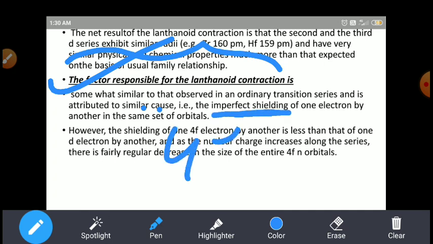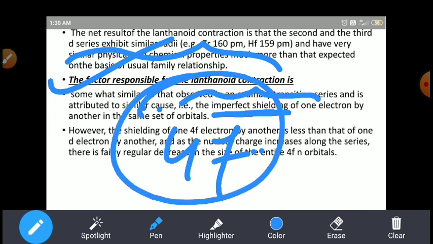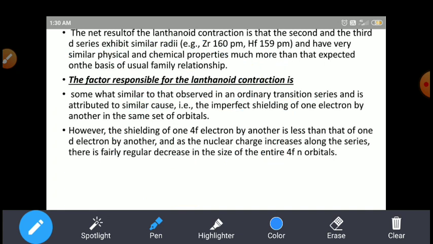The 4f orbitals experience less shielding effect as compared to the inner orbitals, because they have a more diffuse structure. And the shielding effect of the 4f orbitals is less than that of the d electrons.